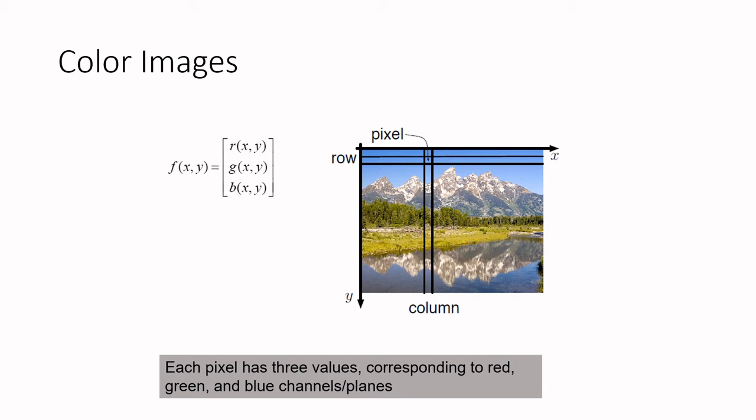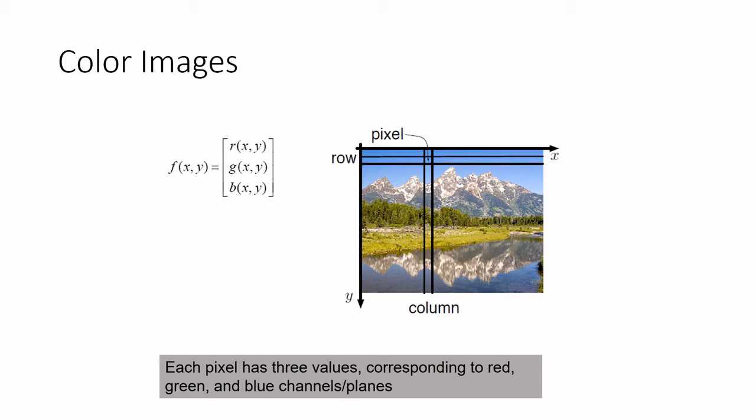If you look at a particular pixel in a color image, you can say that at that particular pixel location, we have three numbers associated with that location. One number is the intensity in the red channel. Then there is a number representing the intensity in the green channel, and a number representing the intensity in the blue channel.